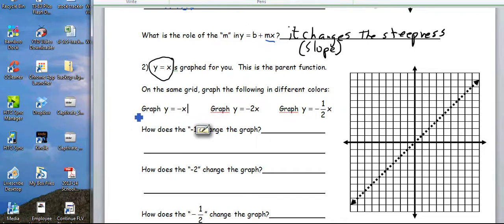So if I have y equals negative x, I'm going to ask you to put this in your calculator. I'm going to do blue for this one. And remember, I'm going to use -2, -1, 0, 1, and 2. And I end up with 2, 1, 0, -1, and -2. So when I plot these, it's going to look something like this.